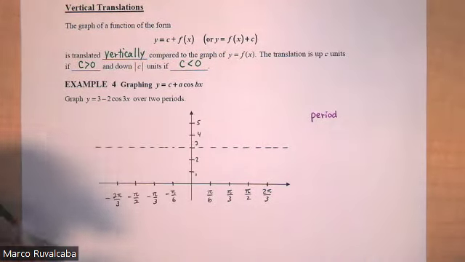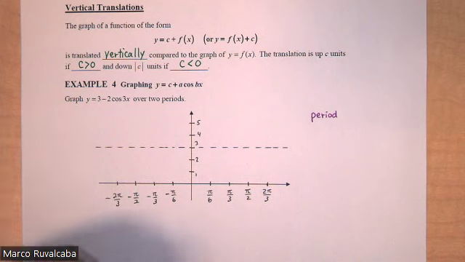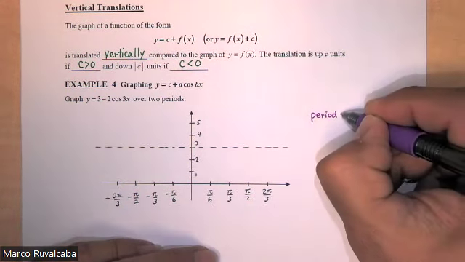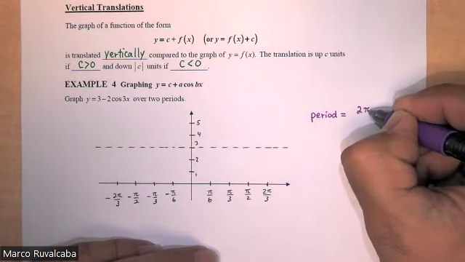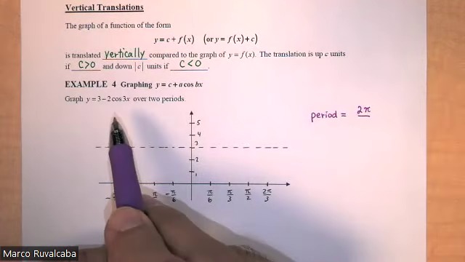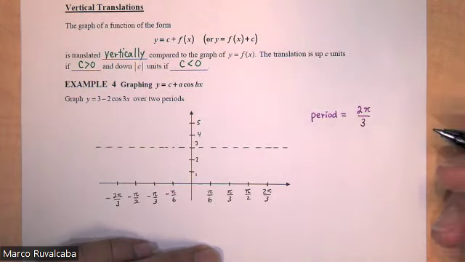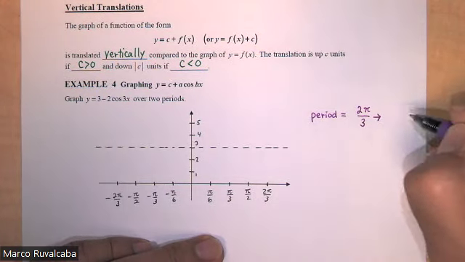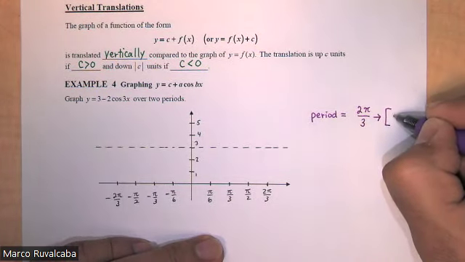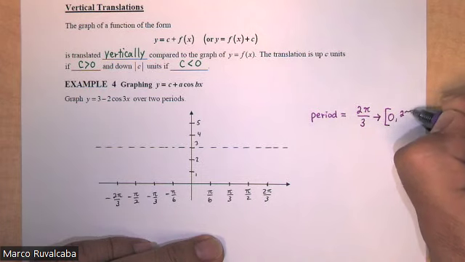And we don't do the inequality for this one because it's not translated to the right or to the left. Okay, we've got to find the period. The period is 2 pi divided by b, and in this case, b is 3, right? Hopefully you remember that. And that means the interval in question here is between 0 and 2 pi thirds.